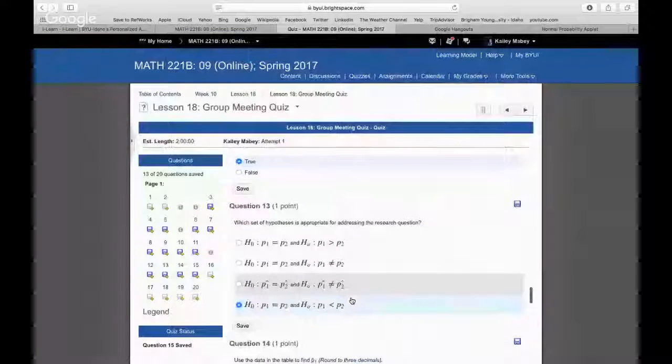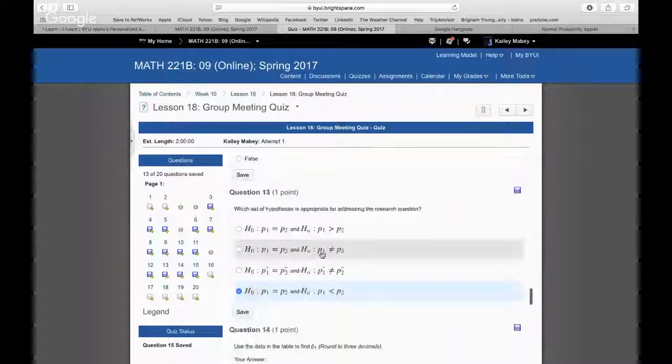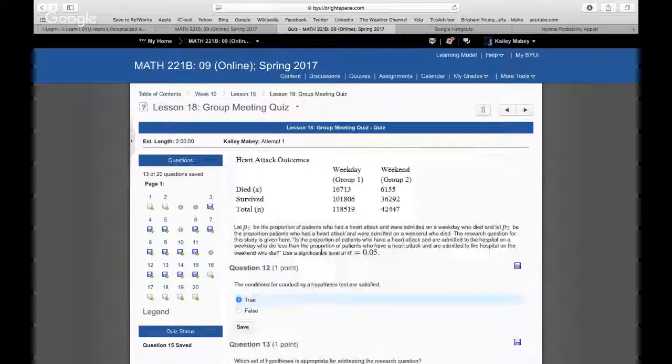There we go. Okay. So I'm going to need to do 0.141 minus 0.145, 0, divided by the square root of p, which I got as 0.142, times 1 minus 0.142, times 1 over the big number plus 1 over the big number, which is, one of them is 118519 and the other one is 42447.